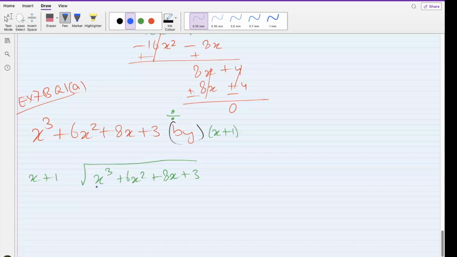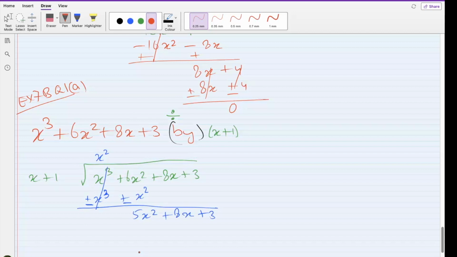So first, to get x cube, we multiply it with x square. X into x square is x cube. 1 into this is x square. We change these signs and we get our answer 5x square plus 8x plus 3.